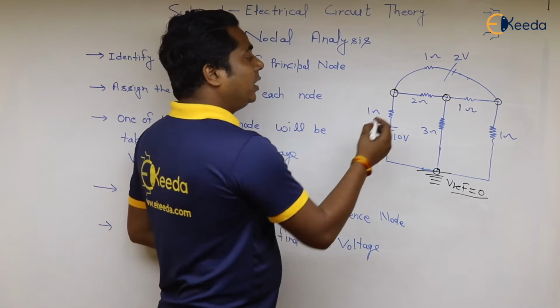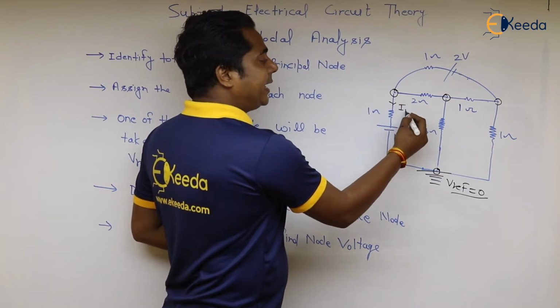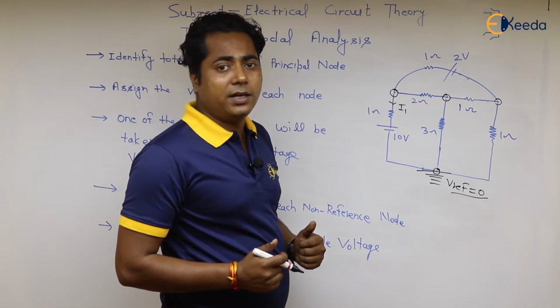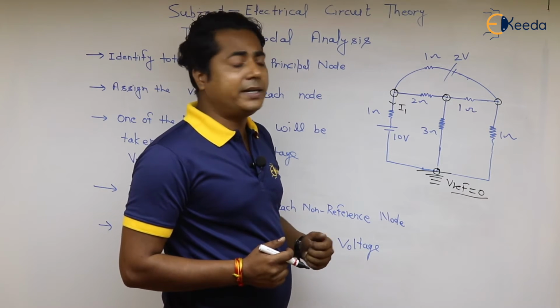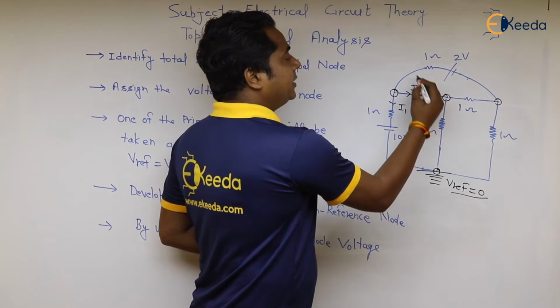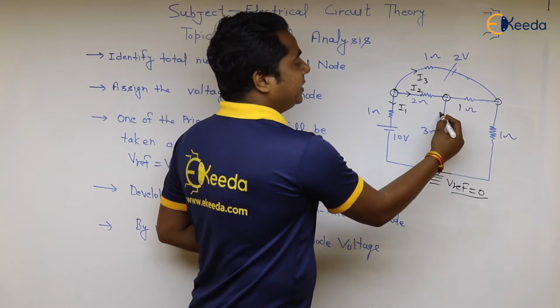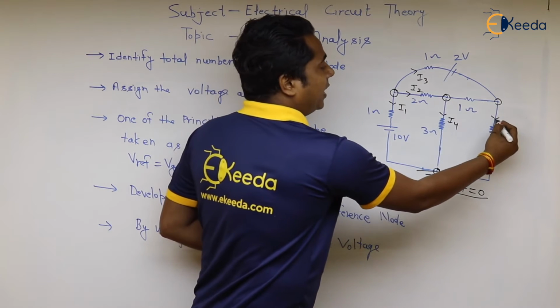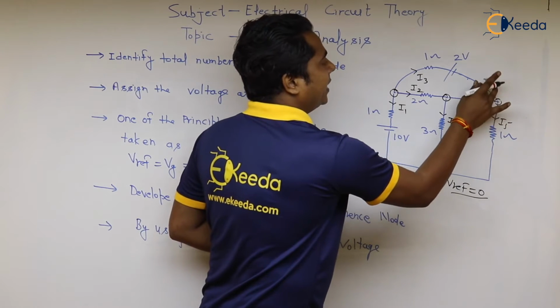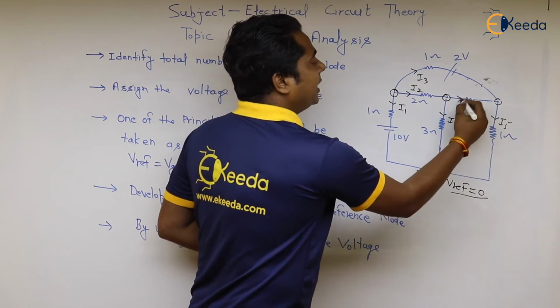Let us assume I1. We can take any direction according to ourselves. We need not worry about the direction of current while calculating the node voltages. This is I1, this is I2, this is I3, this is your I4, this is your I5, this is your I6. No, this is not I6, this is I3. This is your I6.